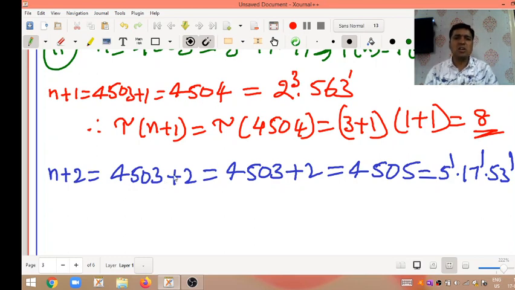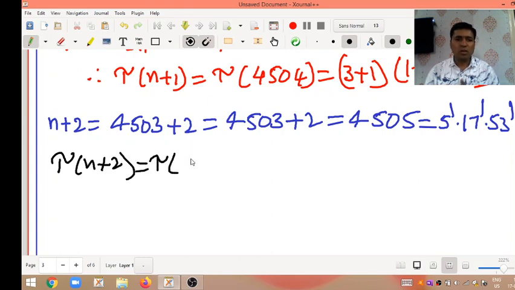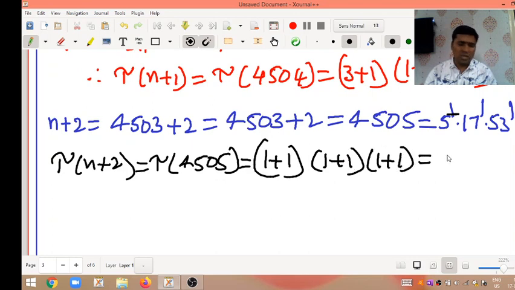Now we want to find d(n+2), that is equal to d(4505). Here k1 is 1, so 1 plus 1, into k2 plus 1, 1 plus 1, similarly 1 plus 1, which is equal to 8 again.